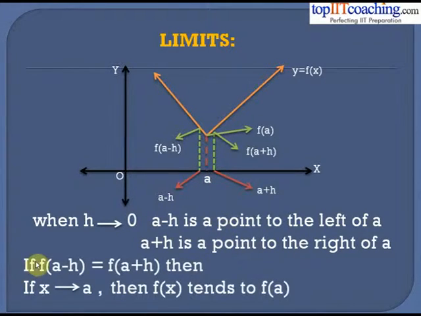If I say that f(a minus h) is equal to f(a plus h), then if x tends to a, f(x) would tend to f(a). Then I would say that the limit exists, and if x tends to a, f(x) tends to f(a).